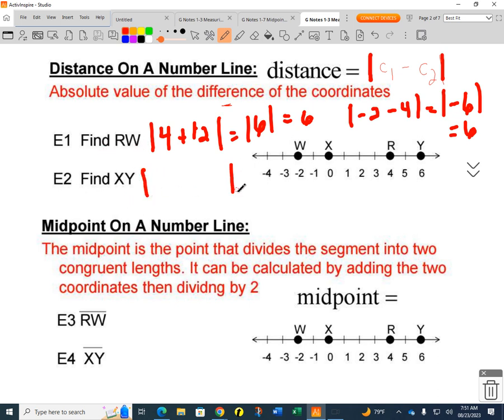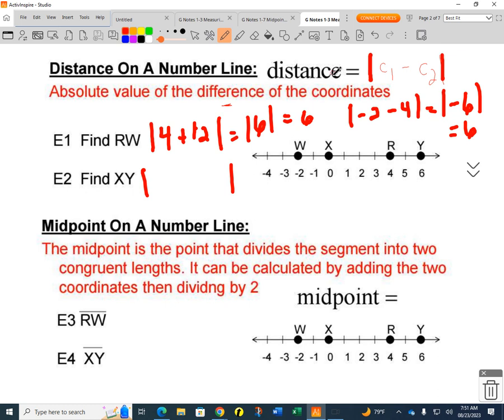What are the coordinates of X and Y, Logan? What's the coordinate of X? Yes, and what's the coordinate of Y? All right, so let's use that formula. We're going to do coordinate 1 minus coordinate 2. And remember, that order doesn't matter. It just helps the organization there.